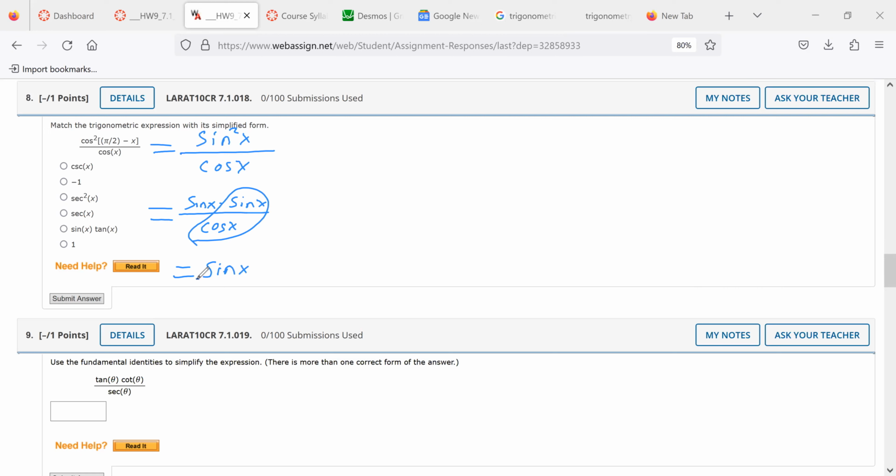Oh, that one was really simple. Yeah, it's really simple, but to see it is kind of weird, right? You have to write it out so you can really see it. If you separate the fraction like this, then it's super obvious that this is sine tangent.